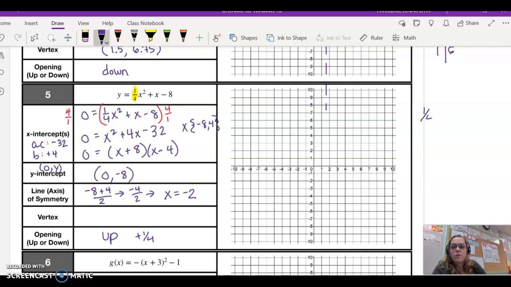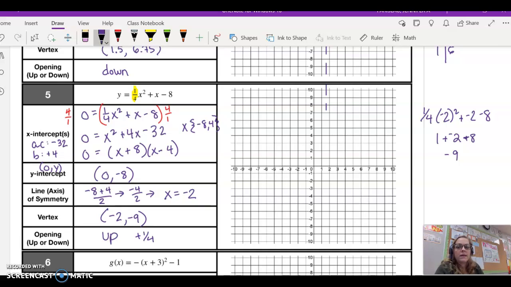So we're going to do 1/4 times negative 2 squared plus negative 2 minus 8. Well, negative 2 squared is 4, and 1/4 of 4 is 1, plus a negative 2 minus 8. So that's negative 10, so that's going to be a negative 9. So that means when x is negative 2, my vertex is negative 9.